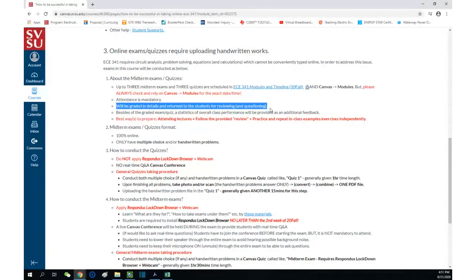You are receiving the graded exam or quiz from the Canvas rather than email. This is a difference I updated since last winter. So that I don't have to individually write 31 emails after every quiz or exam to return the graded papers.